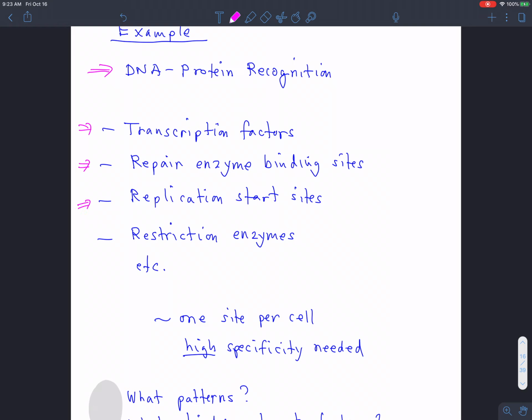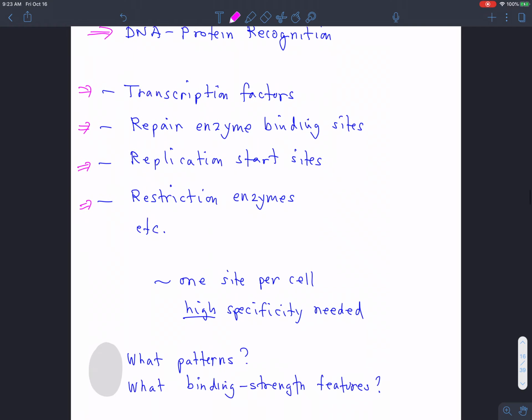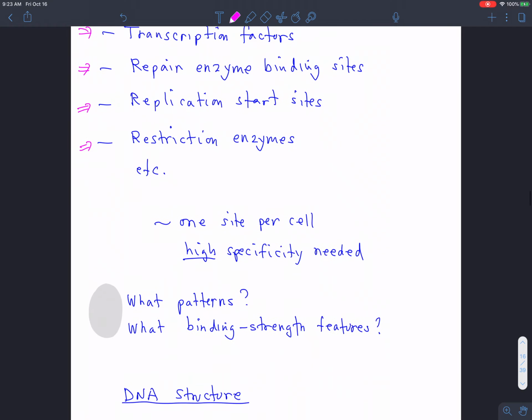Replication start sites often on a genome. There's only one place on the whole genome where you can start replication and have it work. Restriction enzymes, very small numbers of sites where you can get a cut and so on. All of these are situations where there's only one site per cell, and therefore very high specificity is needed.